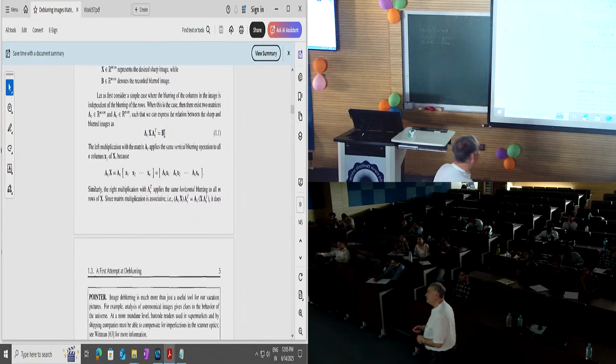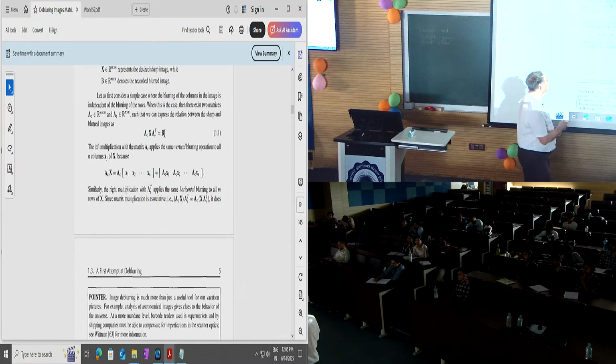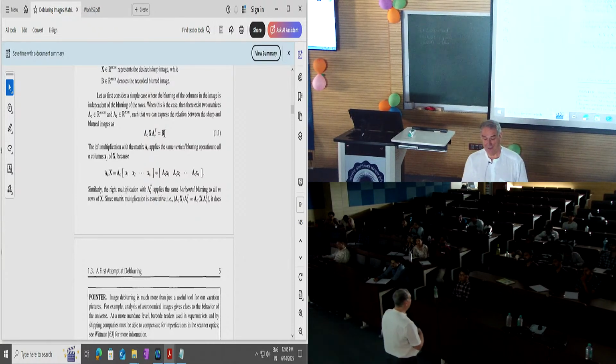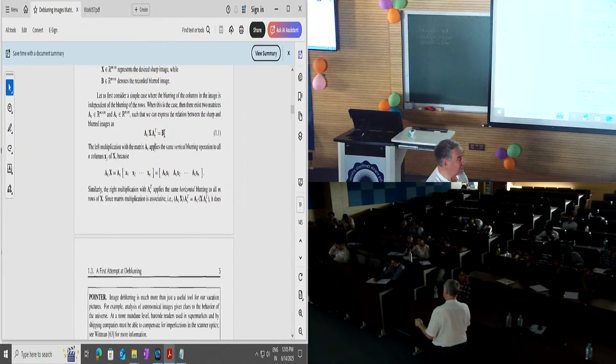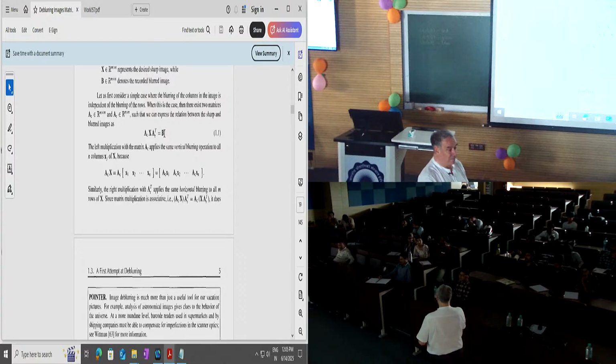A_C and A_R transpose are matrices which model uniform blur, and multiplication from the left corresponds to vertical moving, to disturbing in columns.